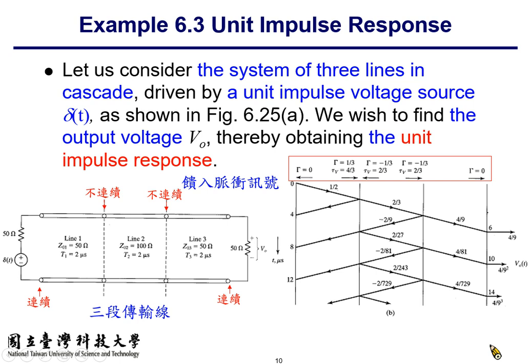And at the boundary, before you begin with the bouncing diagram, be sure to mark the reflection coefficient and transmission coefficient on the boundary. For this case, you need to mark the reflection and transmission coefficients looking to the right and looking to the left, because the one looking to the right equals 100 minus 50 over 150, so it's 1/3.